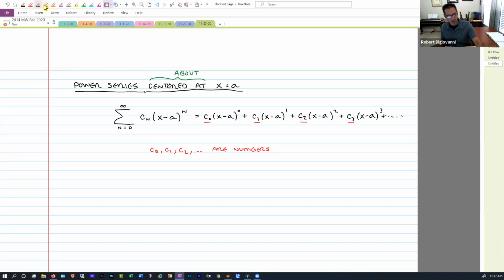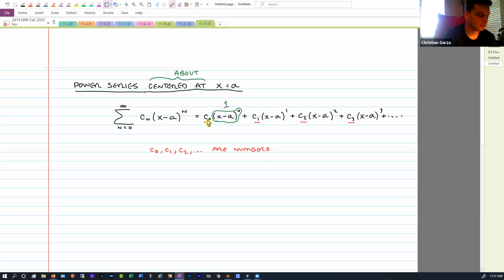And by the way, while we're here, what is this x minus a to the 0? Isn't that just 1? So this is really just like a number plus some number in front of x minus a to the first power, then some number in front of x minus a to the second power, so on and so forth.